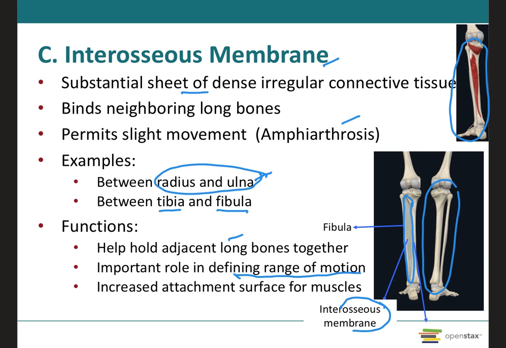And we can see right over here the tibialis posterior, which is this muscle on the leg that's utilizing the interosseous membrane to be able to attach in this area.